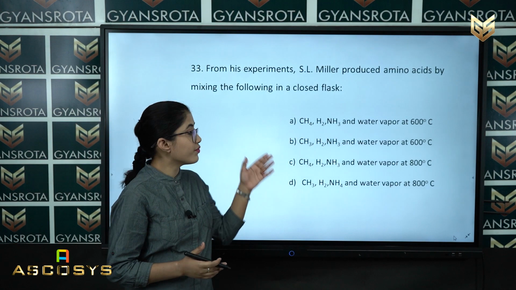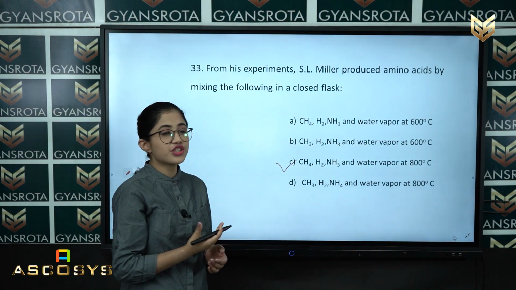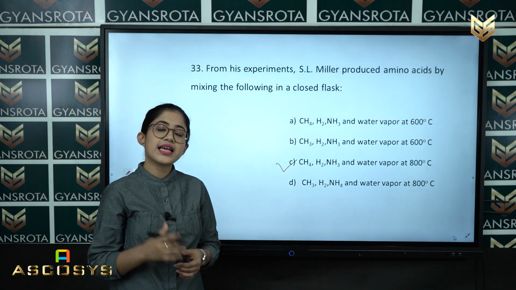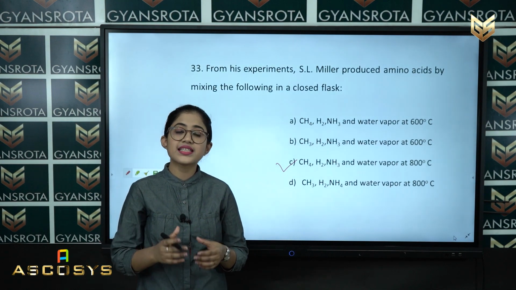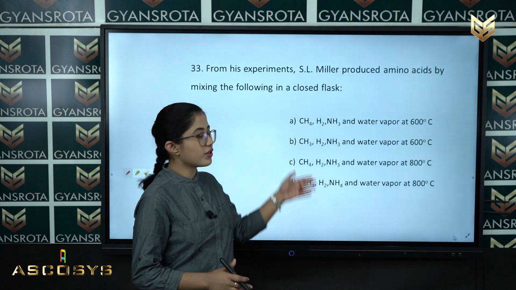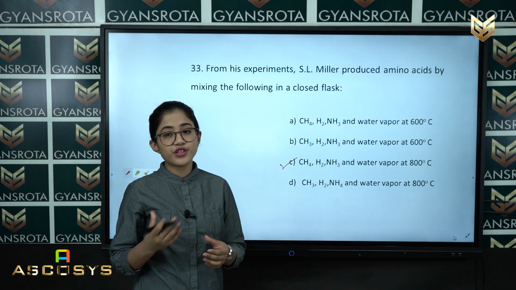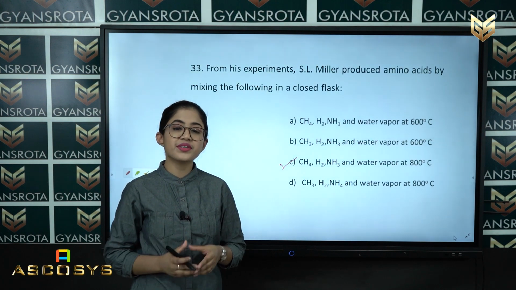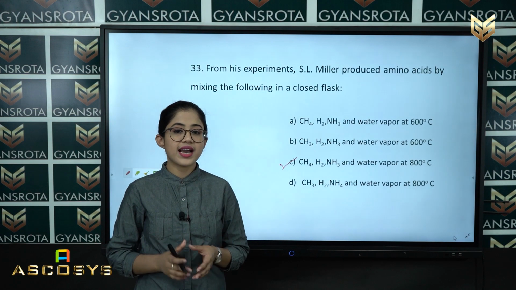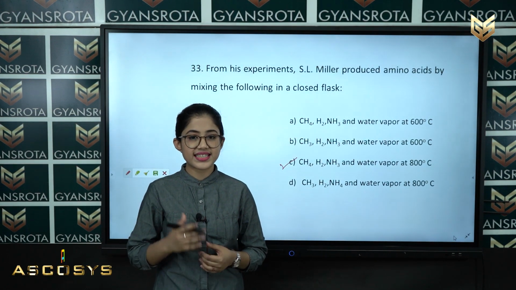So among these 4 options, option number C, that is methane, hydrogen, ammonia and water vapor at 800 degrees Celsius is the correct answer, and they were mixed in a closed flask at a temperature of 800 degrees Celsius. So option number C is the correct answer.